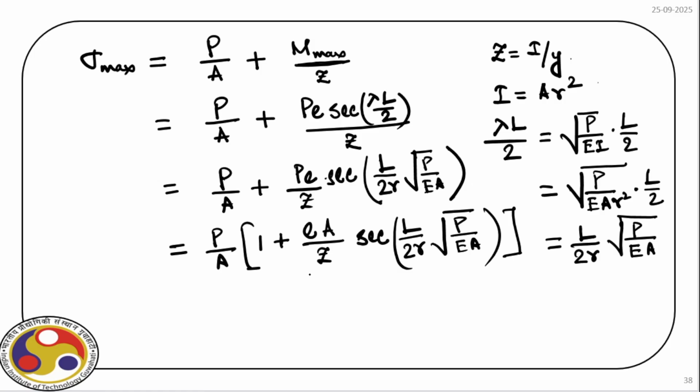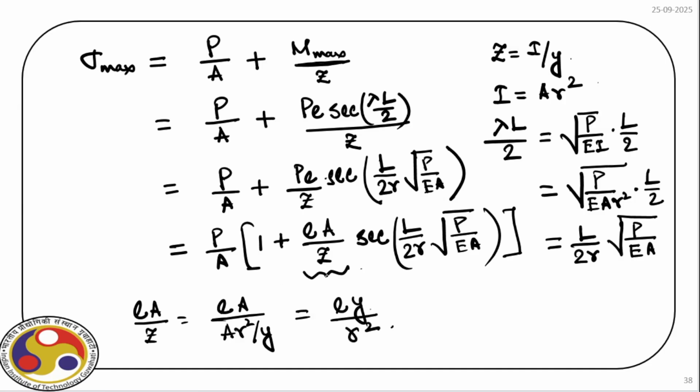Now if we look at this term, what is eA by Z? In place of Z, we have I by y, so A r square divided by y. So effectively we have e y divided by r square. So you can replace this with e y divided by r square.